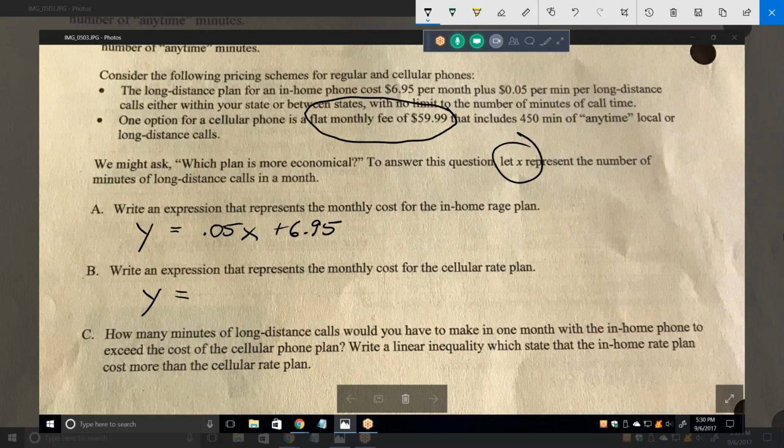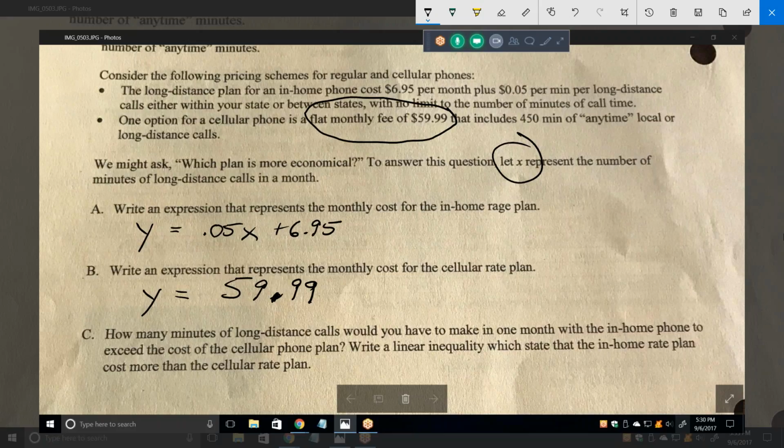It doesn't distinguish between local and long distance calls, and it gives you 450 minutes of it. So that cost is a flat, well, we don't know yet what that cost is. In other words, there's no x in that variable.